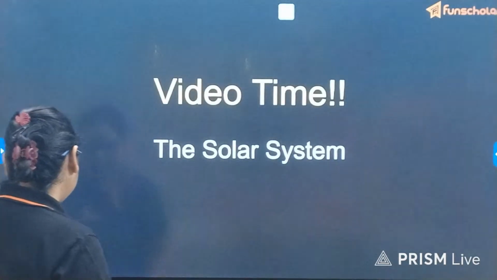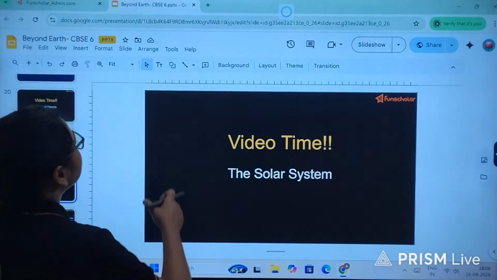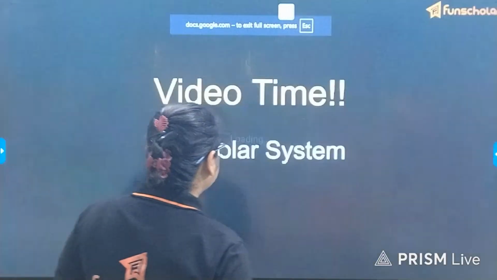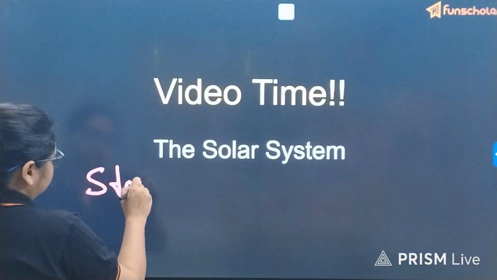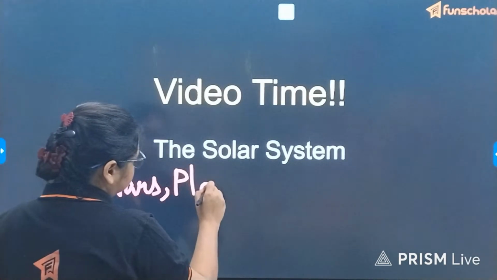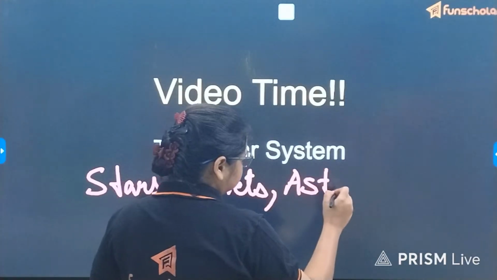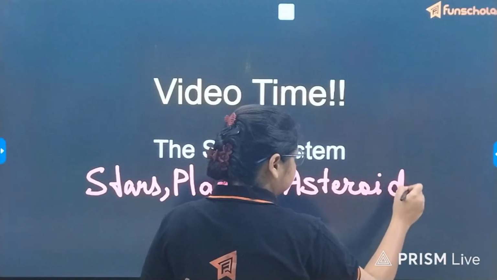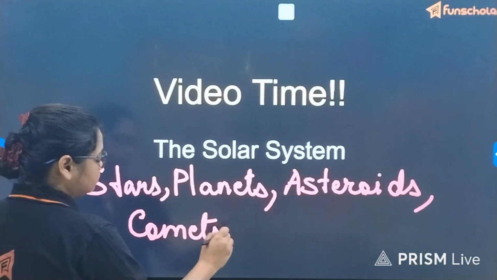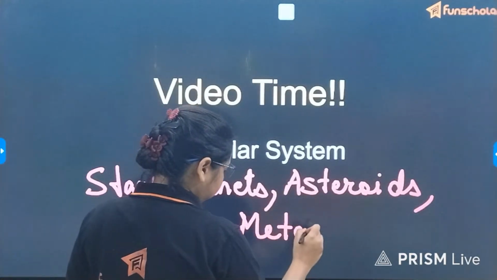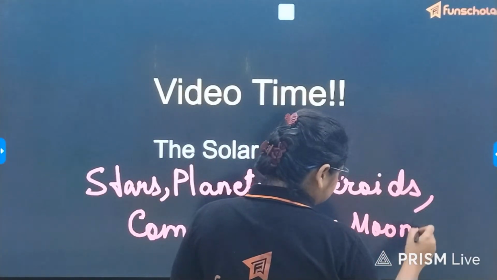Now, the solar system is not only composed of the planets. The solar system is composed of the stars, the planets, the asteroids, comets, meteors, moons, all these things.